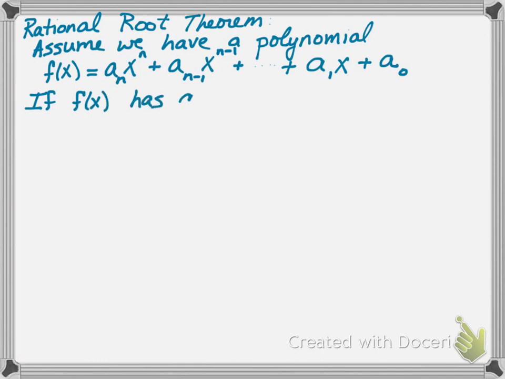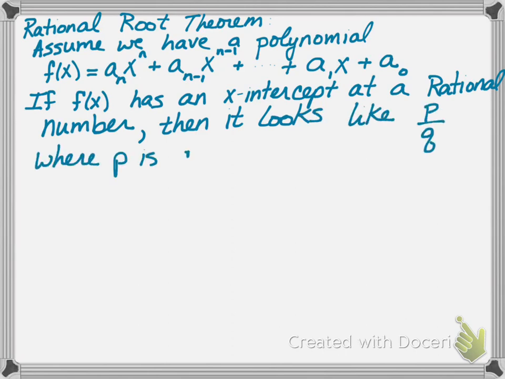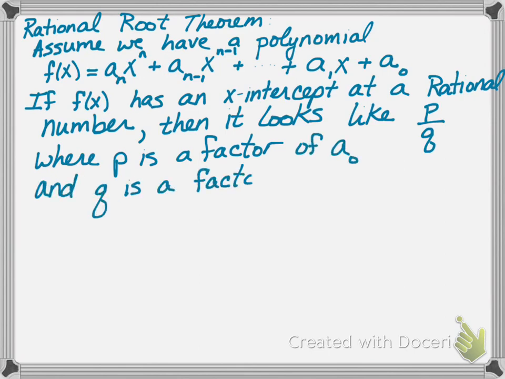If there is a rational root or a rational x-intercept, then it looks like the fraction p over q, where p is a factor of a sub 0, the constant term, and q is a factor of a sub n, my leading coefficient.